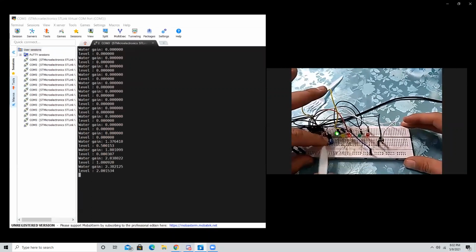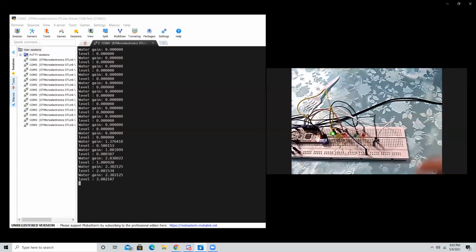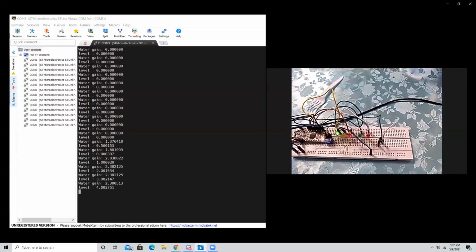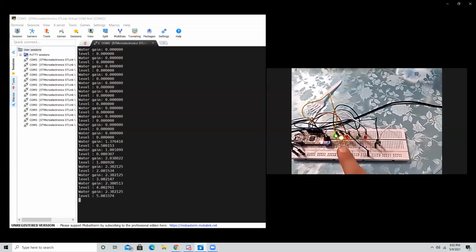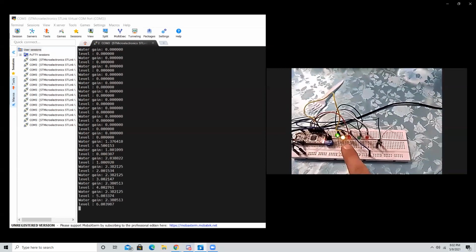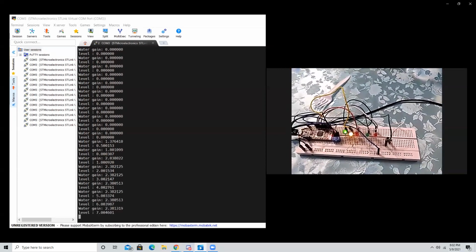Okay, so now we see how the water level increases. It's increasing. Now when we reach 5, the second water level sensor is on. We're still increasing.